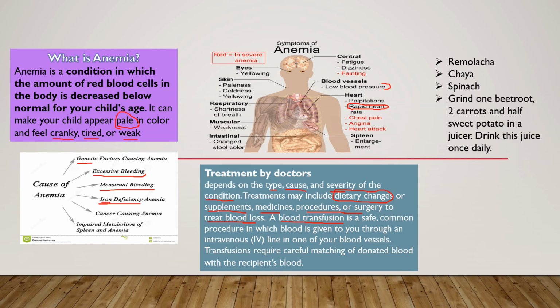beetroot. See, you see here, this one here, a beetroot, and here it's telling you what to do. Grind 1 beetroot, 2 carrots, and half sweet potato in a juicer. Drink this juice once daily. So instead of having a Coke, you might want to prepare one of those smoothies there.